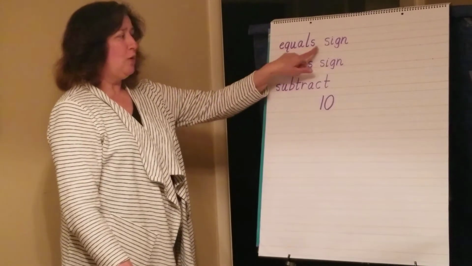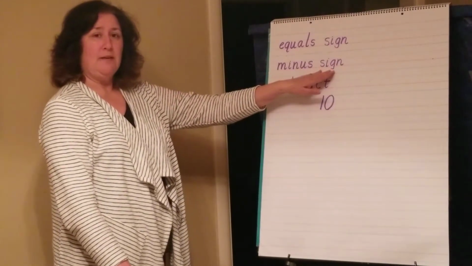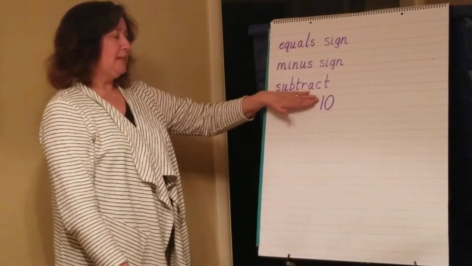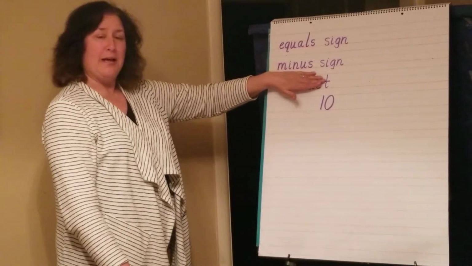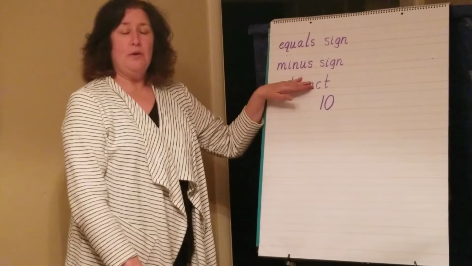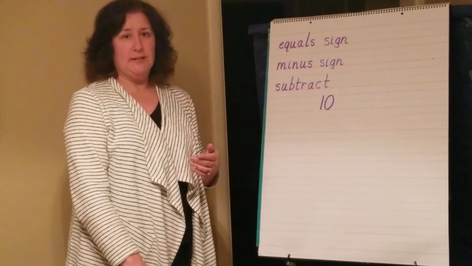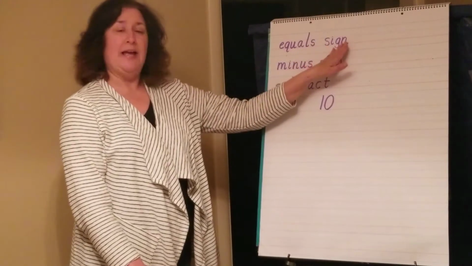This says equal sign. This says minus sign. This says subtract. The equal sign and the minus sign are symbols that we use when we're writing a math sentence. So who knows what the equal sign looks like?